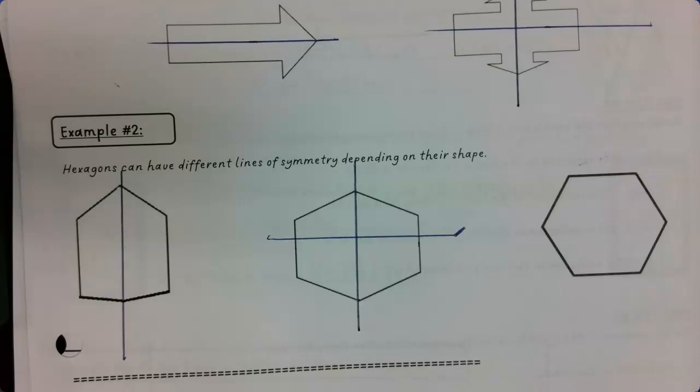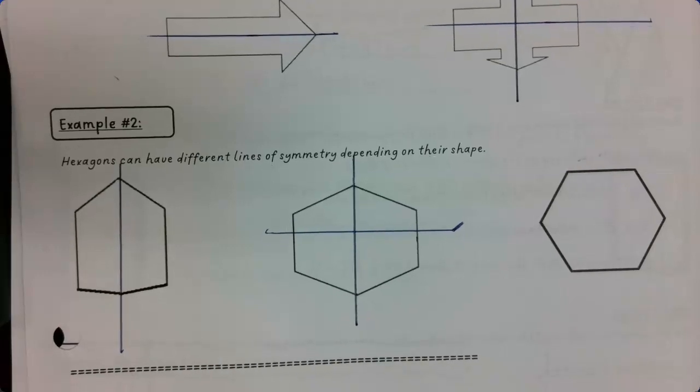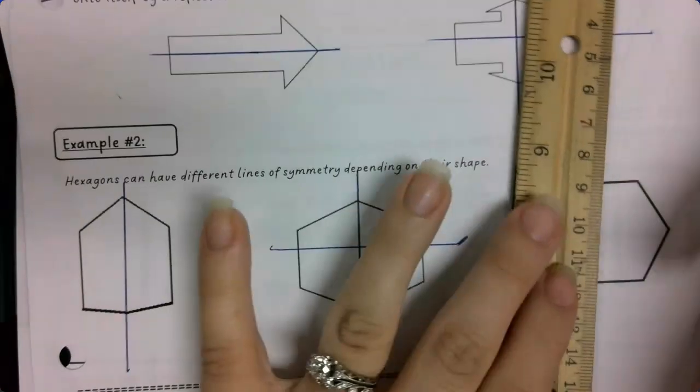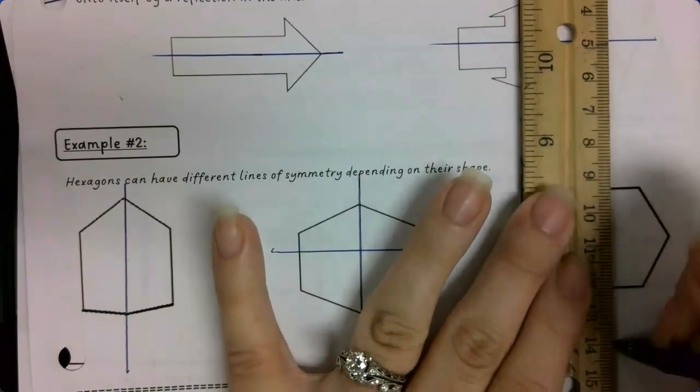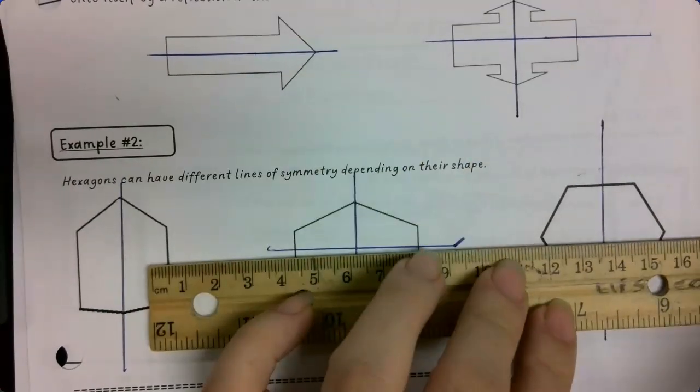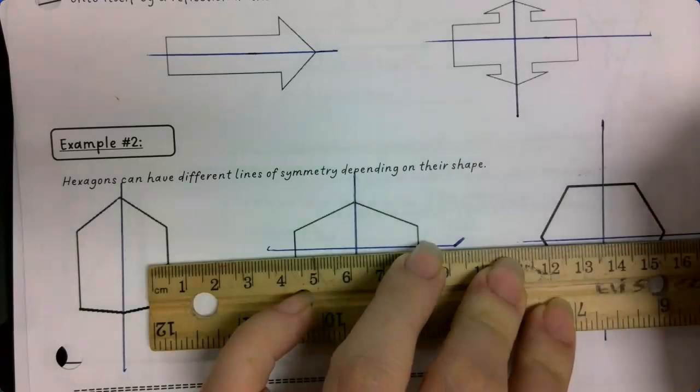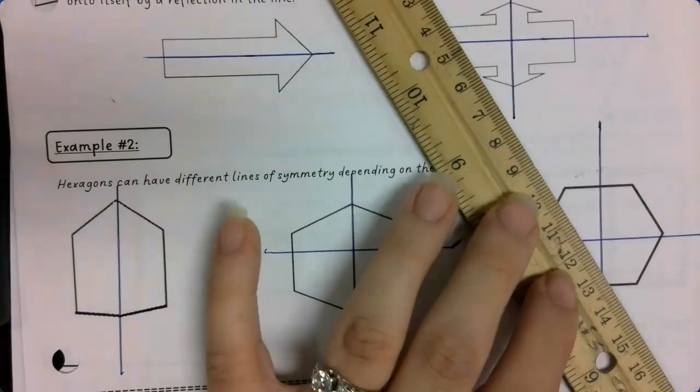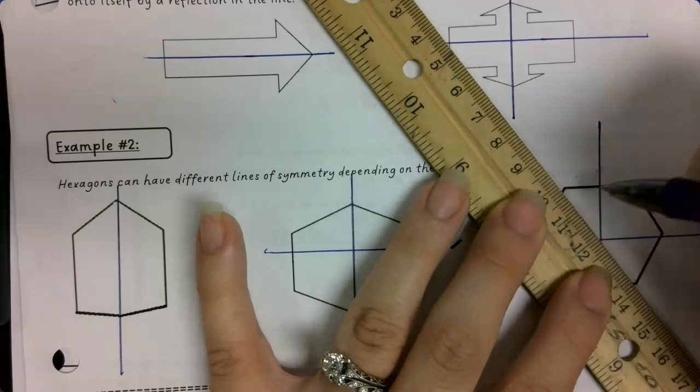This last one, all of those sides and all of those angles are the same. So I actually can cut this one vertically. I can cut it horizontally. And then through each of the diagonal corners, I can do that.